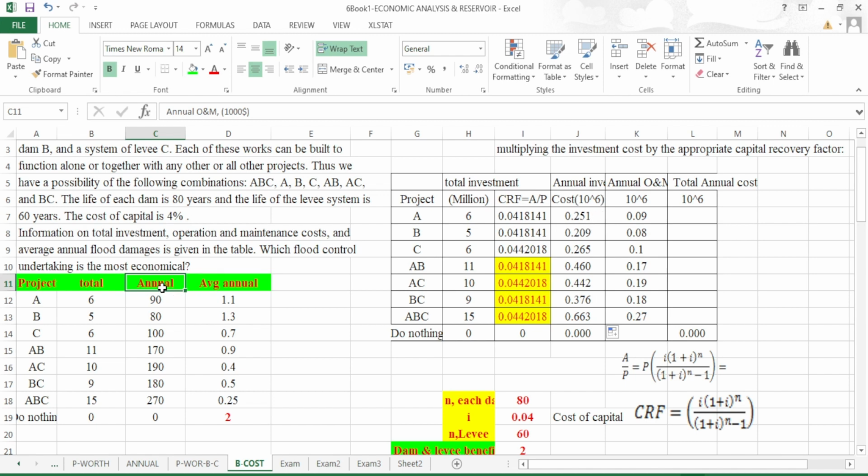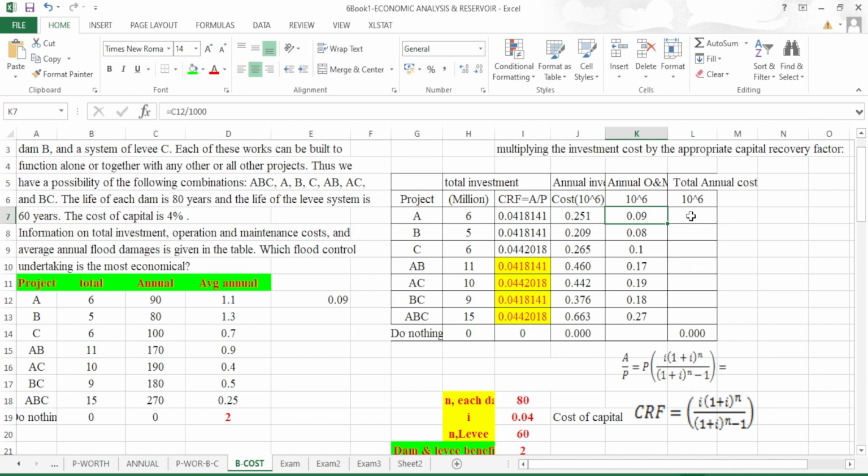So, to change the operation and maintenance cost given in thousands to millions, you have to divide by 1 million. As you see, this one is 90,000, so you have to divide it by 1 million. Okay? You get it like this. For each project, you divide this value by 1 million to get the annual operation and maintenance cost.